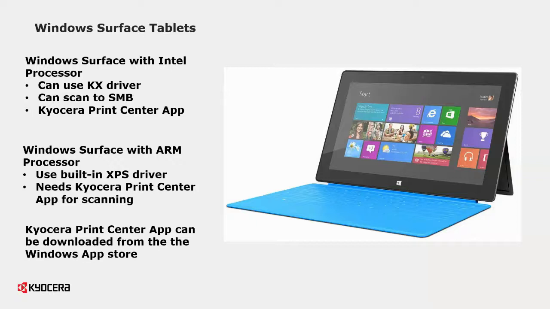That's the XPS print driver. And then for the scanning side for ARM-based processors, your only option is the Kyocera Print Center app. The Print Center app can be downloaded from the Windows App Store, and the Print Center app is going to have its own standalone webinar soon.